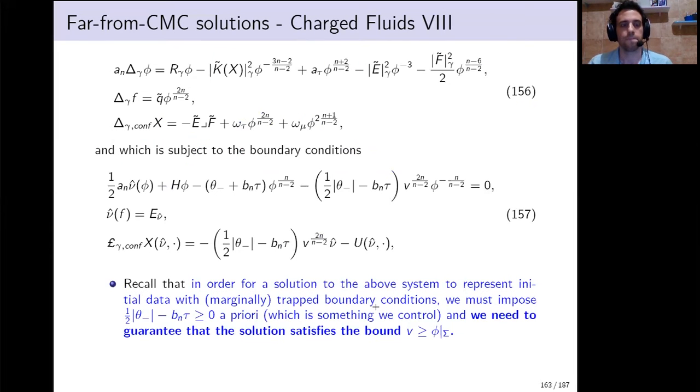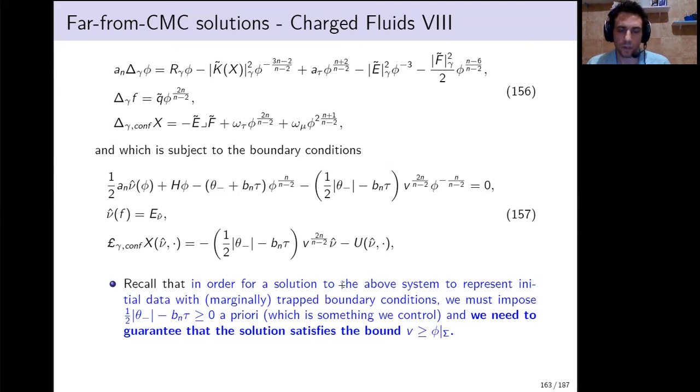Explicitly, our system is given by equations 56 and 57. And here we have rewritten the electric constraint using the electric potential. Good. And we are going to intend to solve now this system on asymptotically Euclidean manifolds.